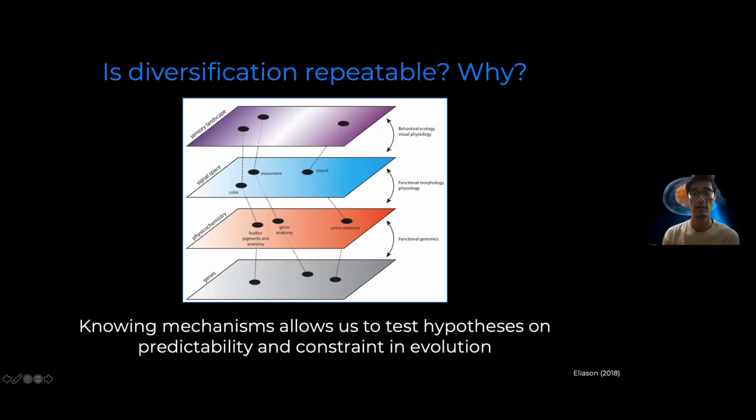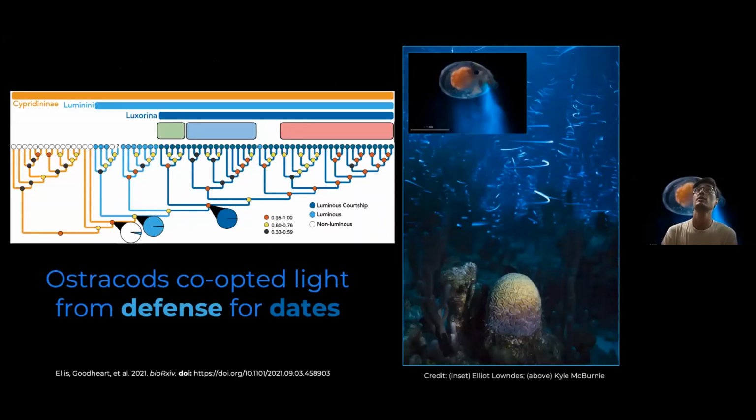To get at this question about how predictable or how constrained a phenotype is, we can look at the genomic mechanisms of a behavior and see what correlates there are at that level. The behavior I'm looking at is in these Caribbean ostracods.